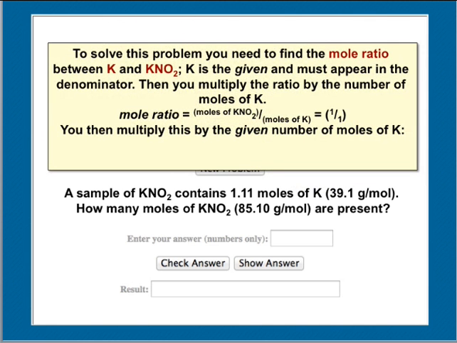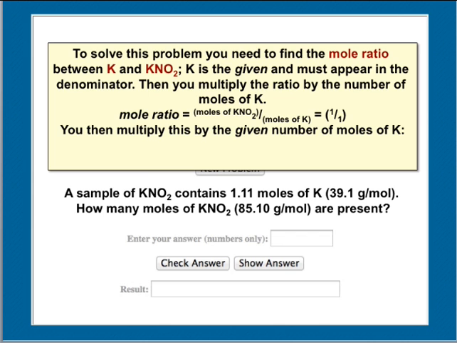First of all, you need to find the mole ratio. The mole ratio is 1 to 1. This is kind of an important exercise because we are given moles of potassium. So when you set up the ratio, make sure you put moles of potassium in the denominator. That's the only way you can screw this up.